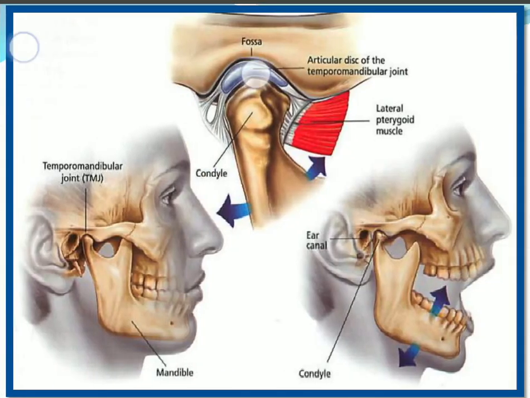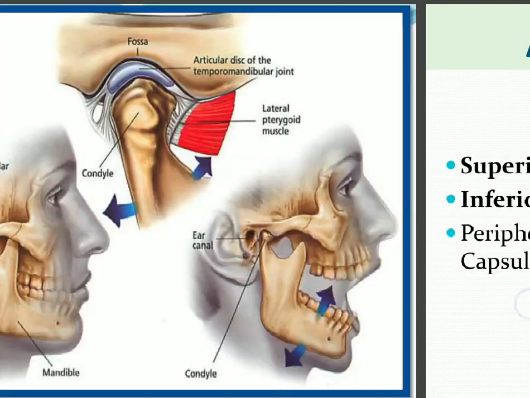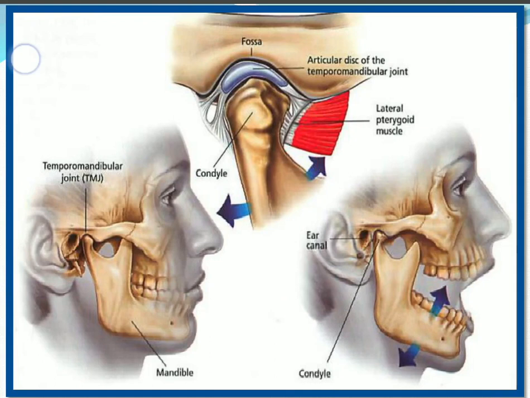So here you can see this is the articular disc. The part above this is the upper compartment, and below it you have the lower compartment. So you can see here the superior surface. The superior surface of the articular disc is concavo-convex.